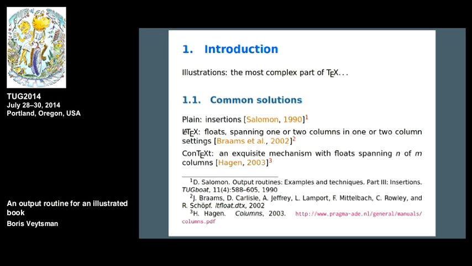In ConTeXt, they have a really exquisite output routine. They have m columns, and for m columns you can have a float which takes n columns. Just imagine a newspaper. You have many columns of newspapers, and you have some photographs which take 3 or 4 columns, or 2 or 5, and so on.